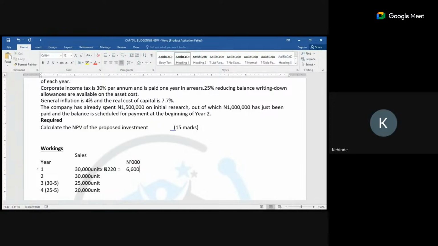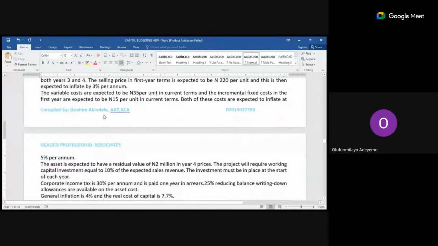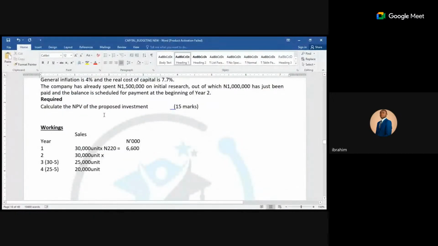Now if you have 6,600, the selling price is expected to be inflated by 3%. So we can have 220 times 1.03.